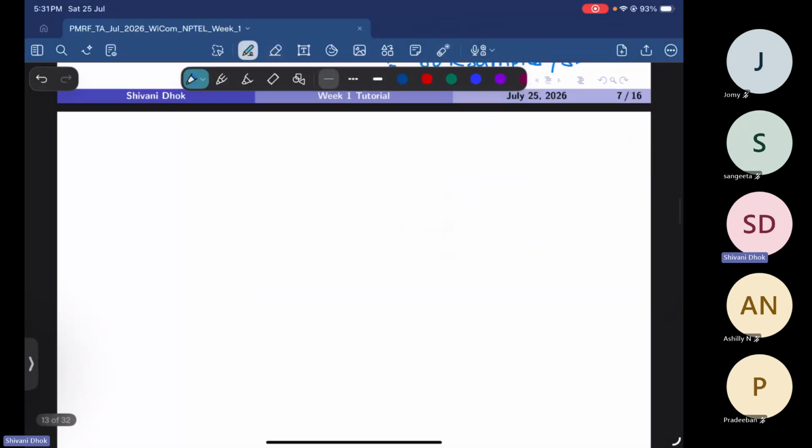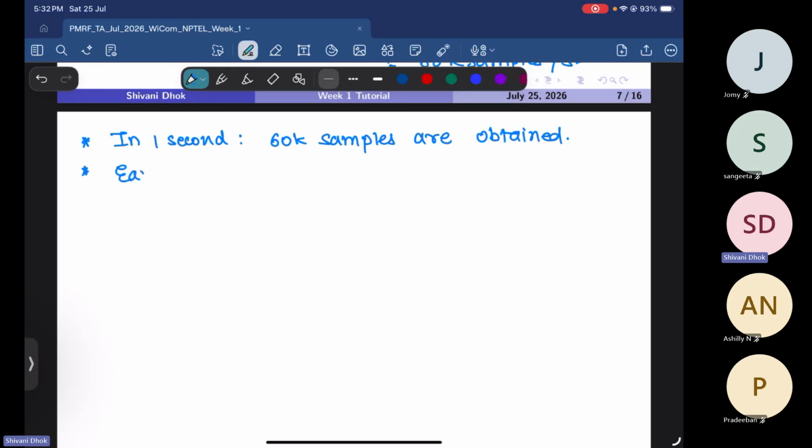So in 1 second, 60,000 samples are obtained, and each of these samples is associated to a quantization level.